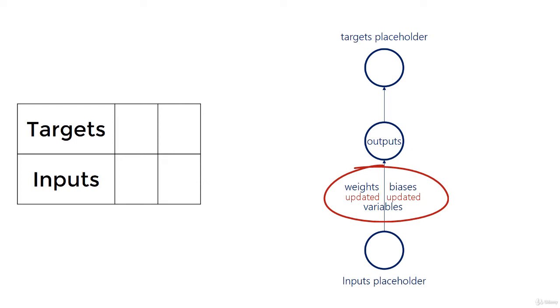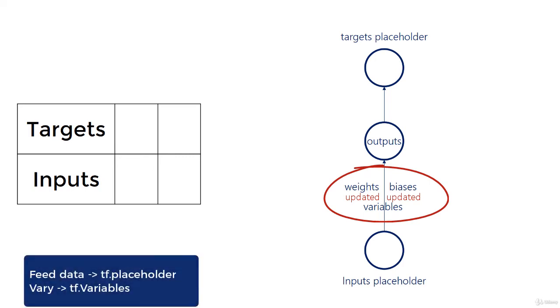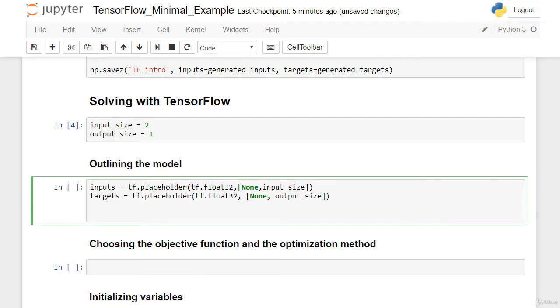More precisely, we updated them and kept their updated version using the information provided by A and B. This is the same process we carried out before, but we used a different wording to describe it. We feed the data in the placeholders and vary the variables. Simple as that.